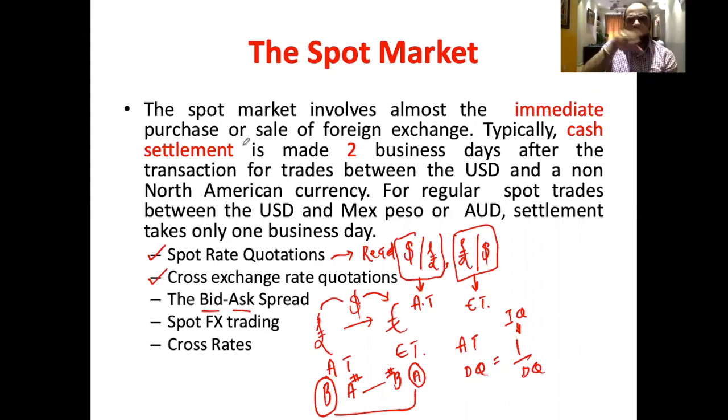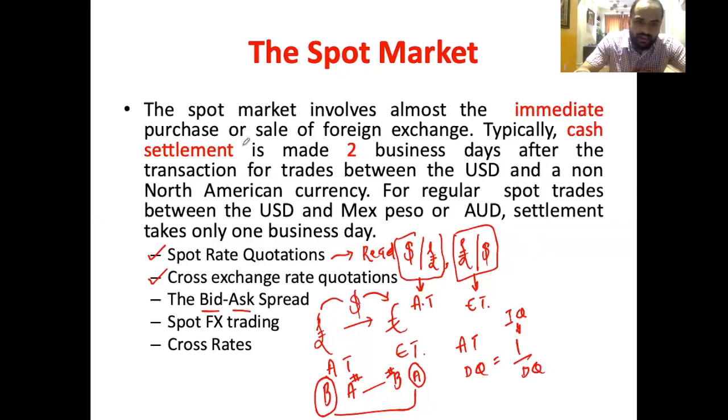You don't have to take the reciprocal, because sometimes when we use reciprocal, you're probably confused: reciprocal for ask price or bid price, right? So try to make it simple. If both are available, then try to use the direct quotations, either for American terms or for European terms. It's an easier way to find the position in American dollars or in non-American currency. And that's all about bid and ask spread.